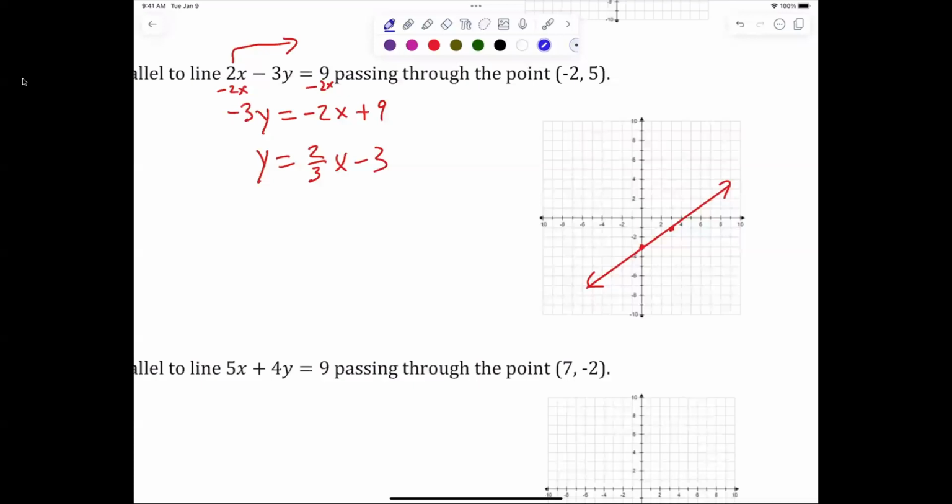Negative 2, then what? Left 2 and up 5. From there, I go what? Up what? Come on. And that's how you're going to learn, by doing it. Stop being lazy.